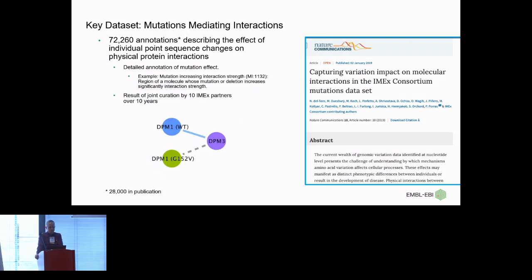And this now comprises more than 72,000 individual interaction effect annotations. It's now part of the data for the variant effect predictor, which is used in Ensembl. And it was only possible through the joint work of 10 IMEx partners over more than 10 years.